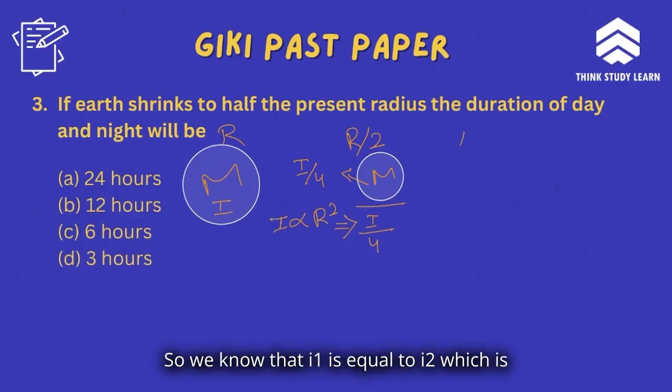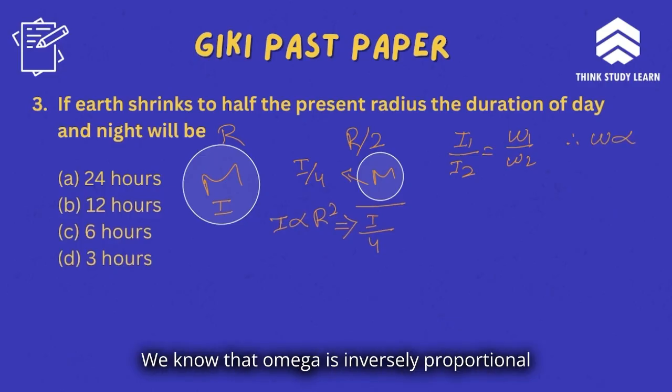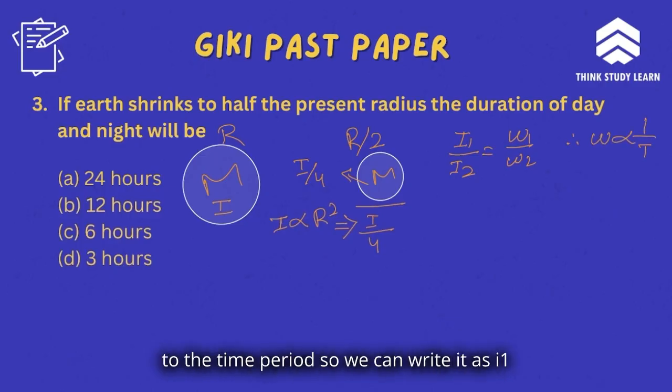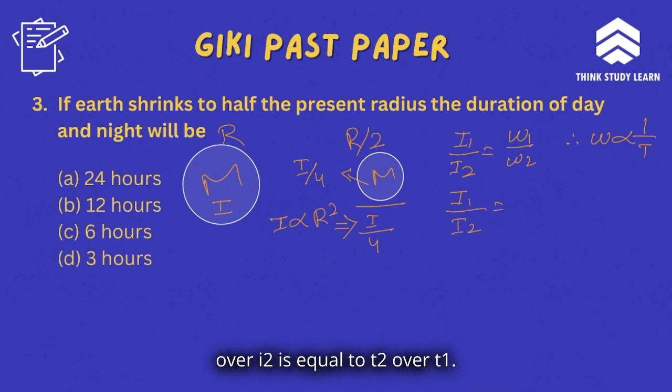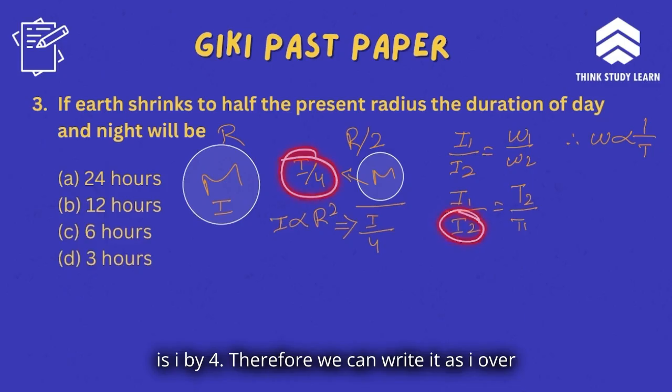So we know that I1 over I2 is equal to omega 2 over omega 1. We know that omega is inversely proportional to the time period, so we can write it as I1 over I2 is equal to T1 over T2. Now we know that I1 is I, while I2 is I by 4.